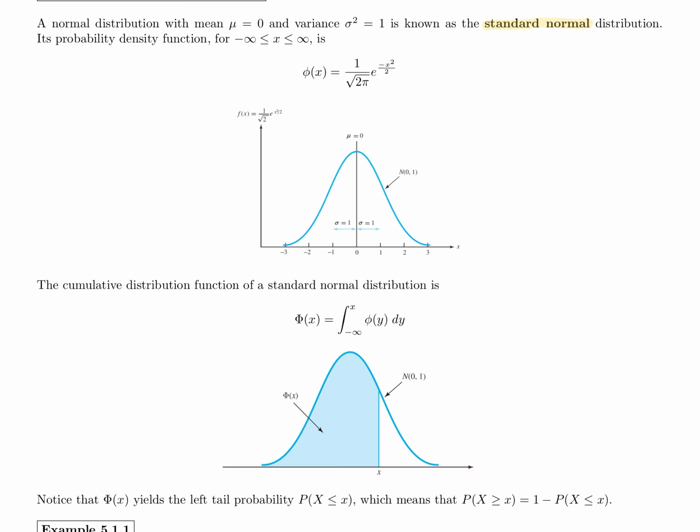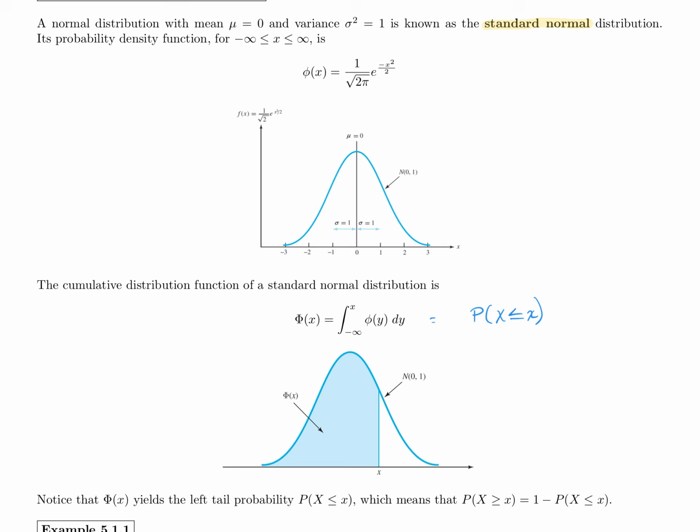And we will signify that as the probability that X is less than or equal to small x. This isn't all that different from what we saw in previous chapters.